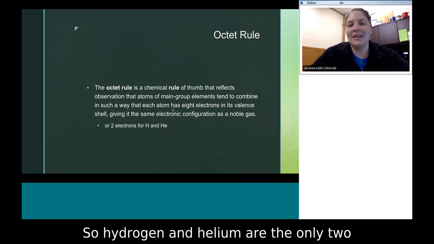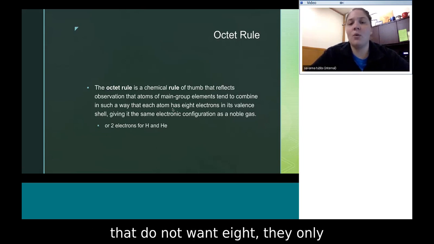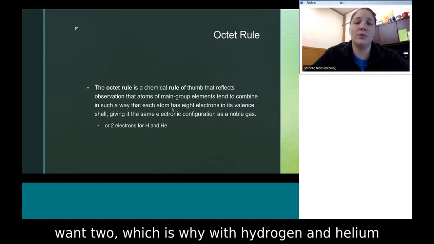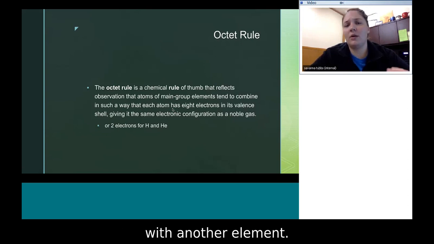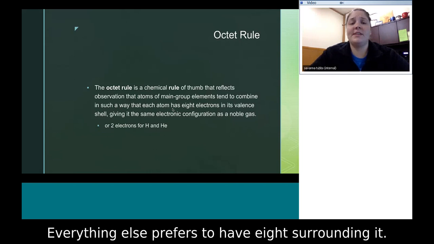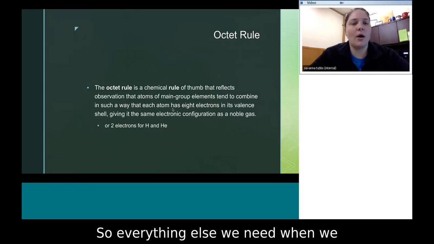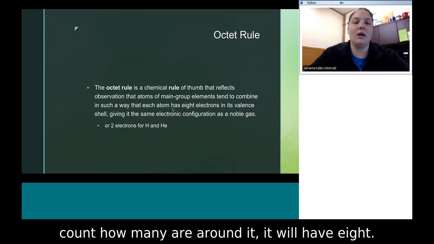So hydrogen and helium are the only 2 that do not want 8, they only want 2, which is why with hydrogen and helium, we're only going to see it be able to form a single bond with another element. Everything else prefers to have 8 surrounding it.